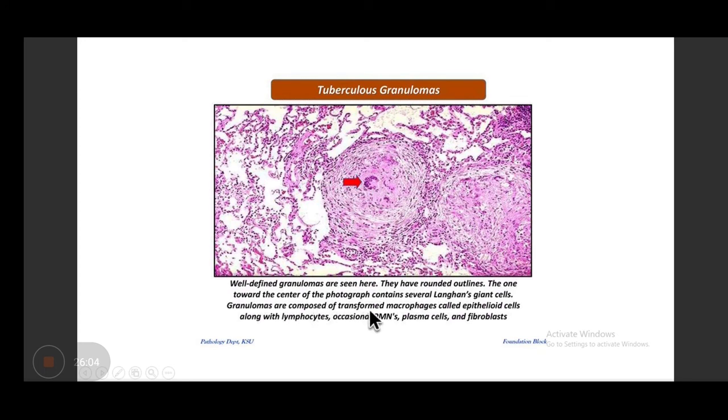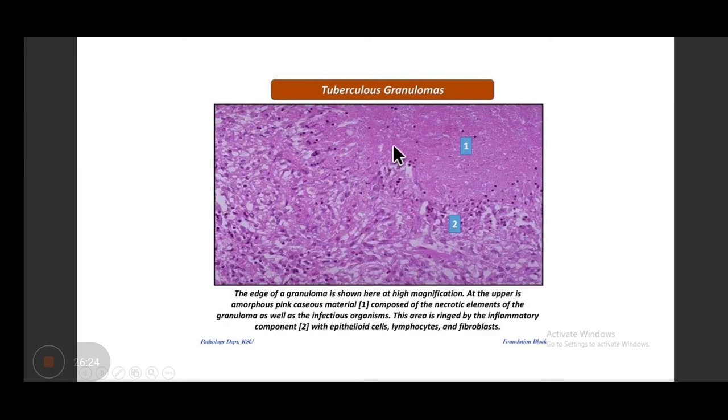Granulomas are composed of transformed macrophages called epithelioid cells. So granulomas are basically a collection of epithelioid cells with or without central necrosis. It's not necessary that you'll always get a central necrosis. Your Robbins says this, right? Along with lymphocytes, occasional polymorphs, plasma cells, and fibroblasts.